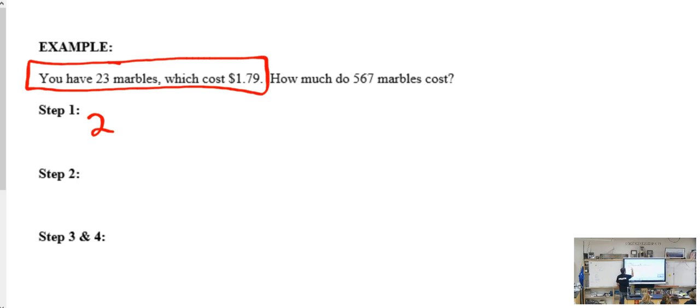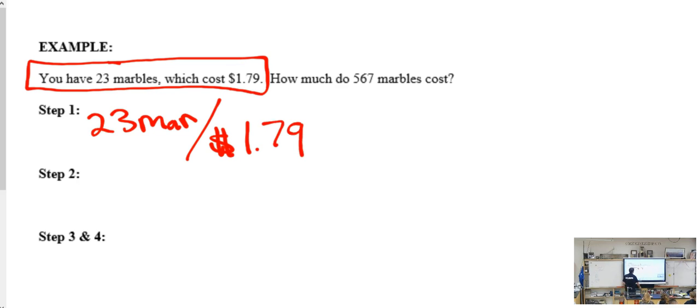It says that 23 marbles cost $1.79. Are you okay that those two numbers are connected to each other? It is a ratio. All right, now, there is another number. It's 567.